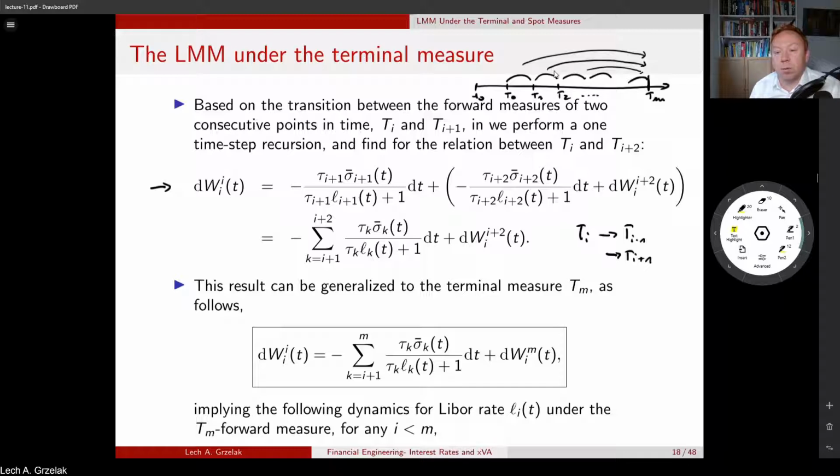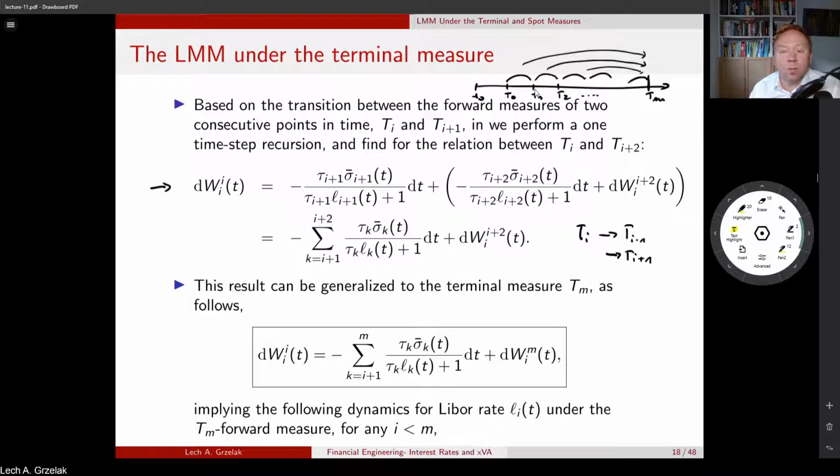Of course, the biggest problem here, if we look at this construction, is associated with the terminal measure. The first LIBOR, for example here, matures at time T_1, which is actually the closest to today, so there is the least uncertainty associated with it. Actually, this becomes a highly stochastic and very involved process.